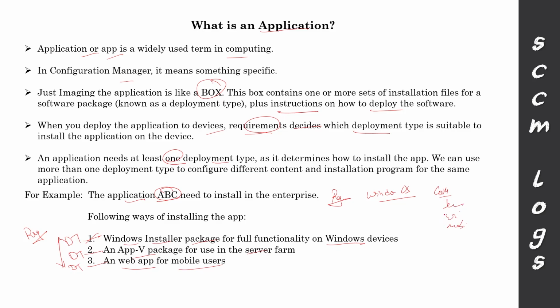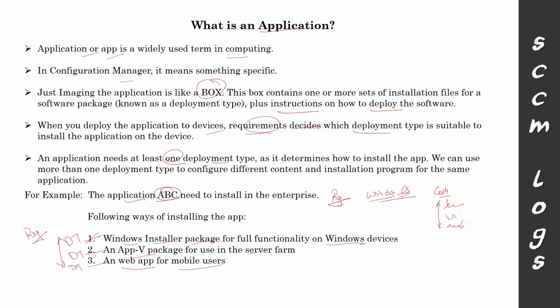If you have these three types of devices together in a single collection, when you deploy this package to the collection, you mentioned the requirement as Windows 11 or Windows 10, so Windows OS. Based on that, it will check the devices available in the collection and cross-check for Windows OS.